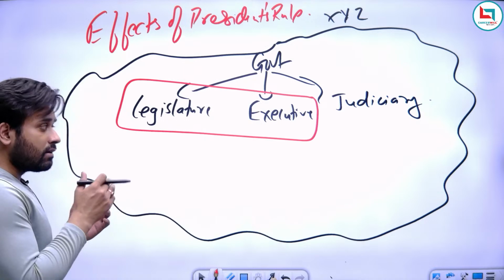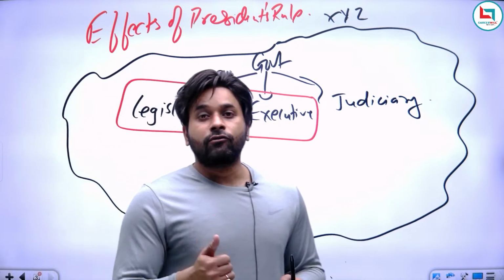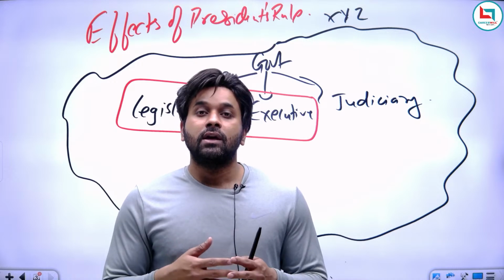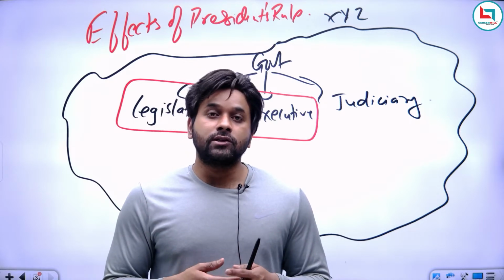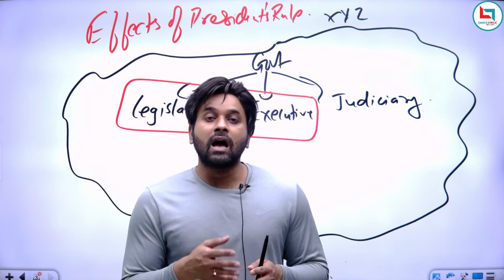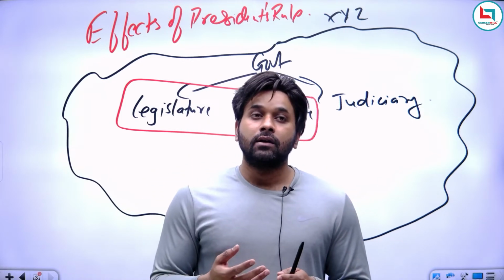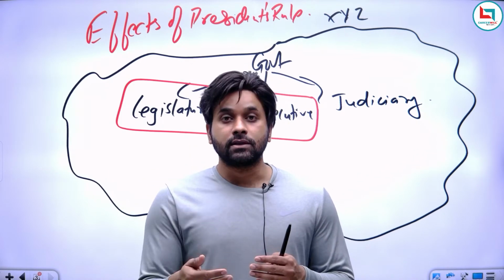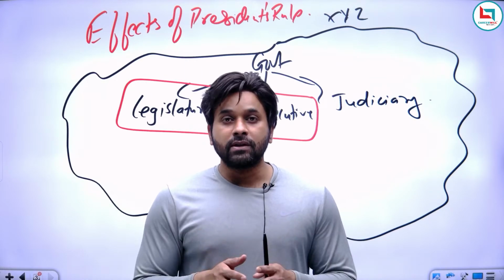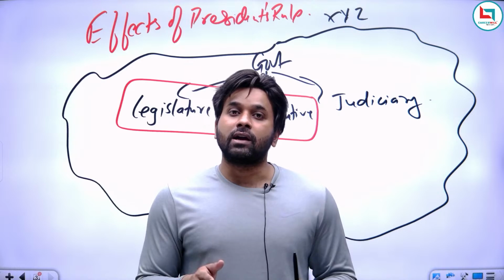One more thing, apart from the judiciary, there are citizens. There will be no effect on the citizens of India when President's Rule is imposed. Why am I saying this? During national emergency our fundamental rights can be suspended. That can happen during national emergency. But in case of President's Rule, there is no effect on fundamental rights.